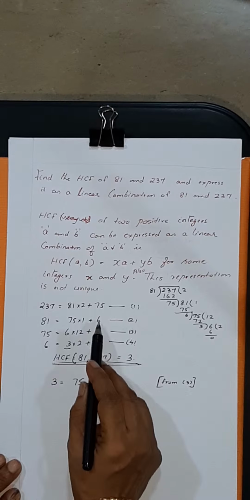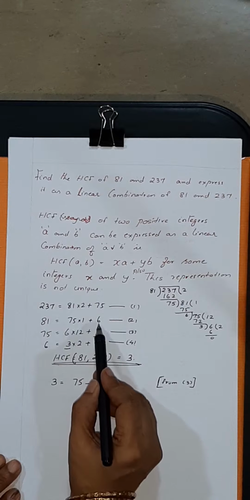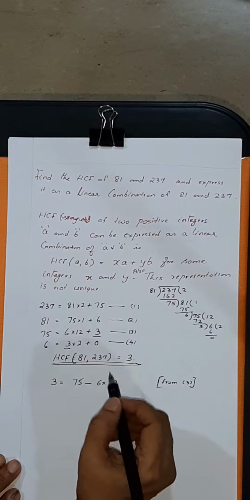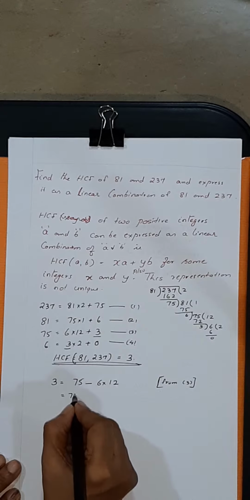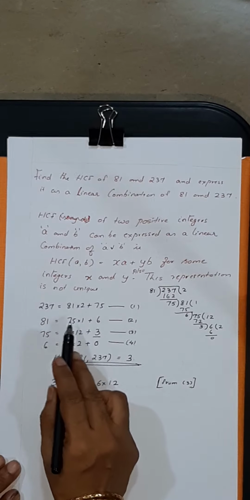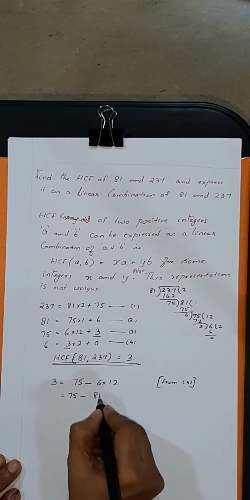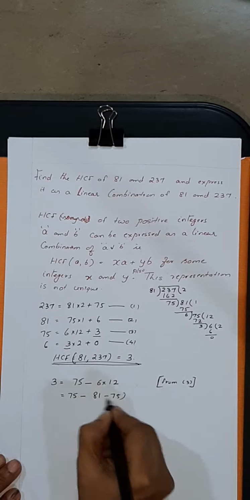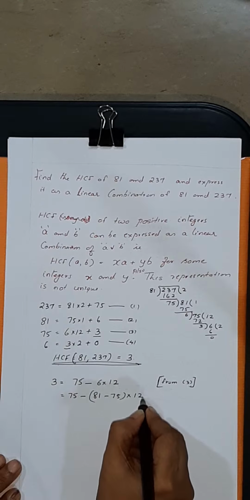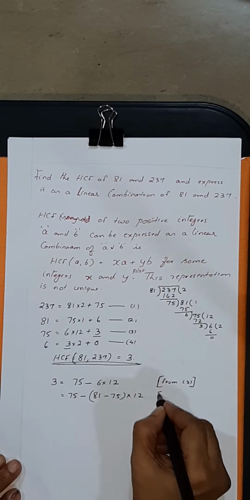Now you should remember that we should always convert only the remainders 3, 6, 75. So we will write here 75 minus, and now I have to change 6 as 81 minus 75. So 6 is 81 minus 75, into 12. Just converting the 6, this is from step 2.